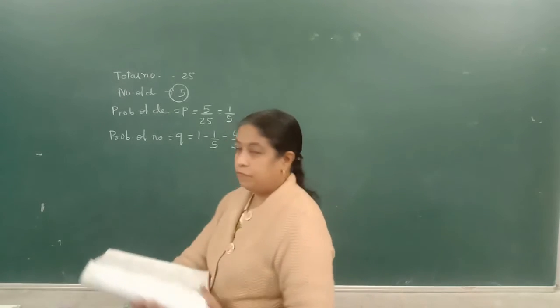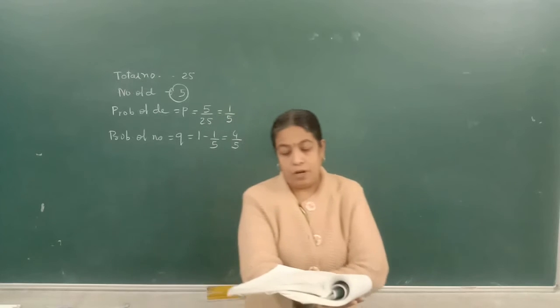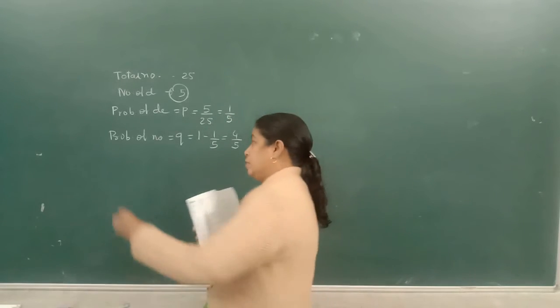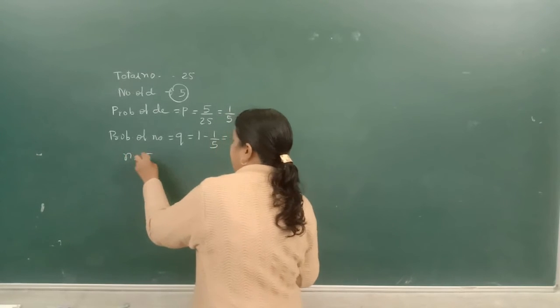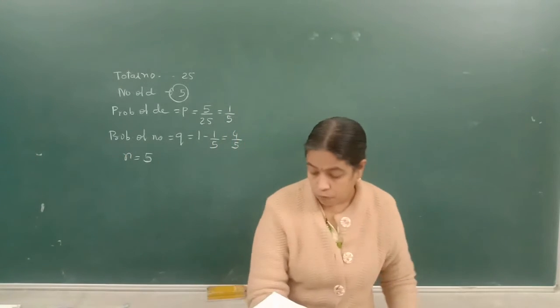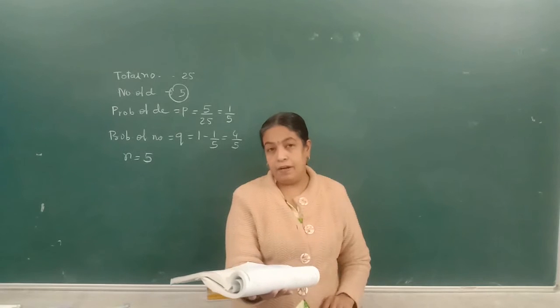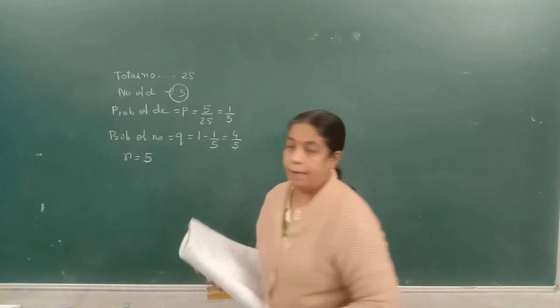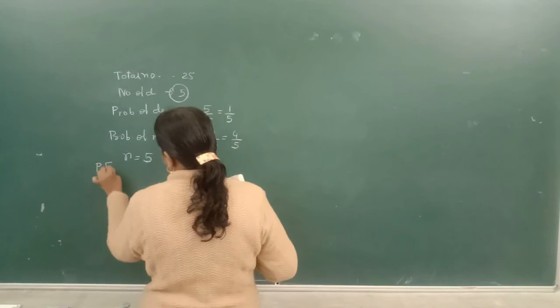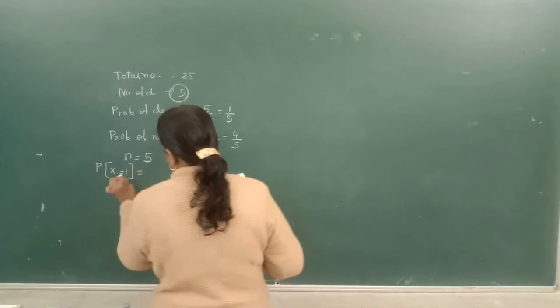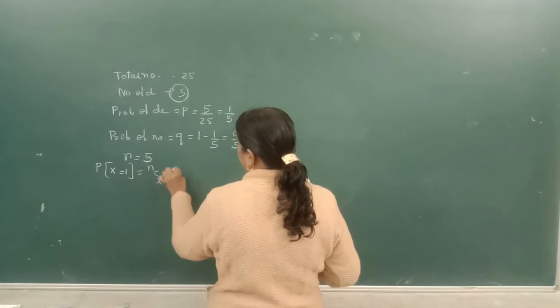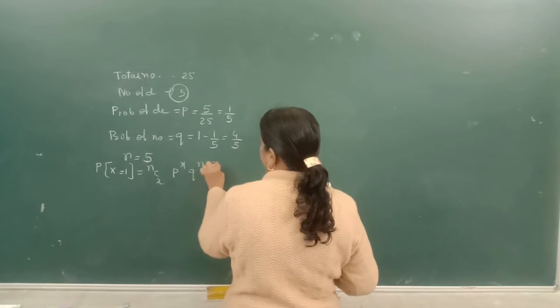Now, what's the question? A sample of 5 bulbs was drawn at random. Means n is equal to 5. Now, what is the probability that the sample will contain exactly one defective bulb? Okay, that is P of x equal to 1. We write the formula first. nCx p to the power x q to the power n minus x.